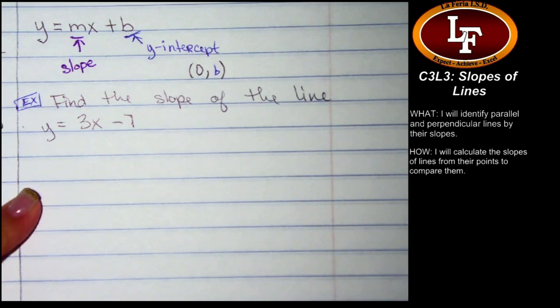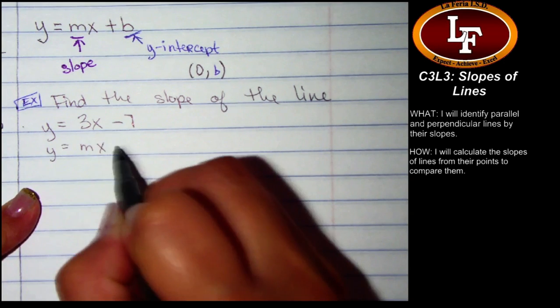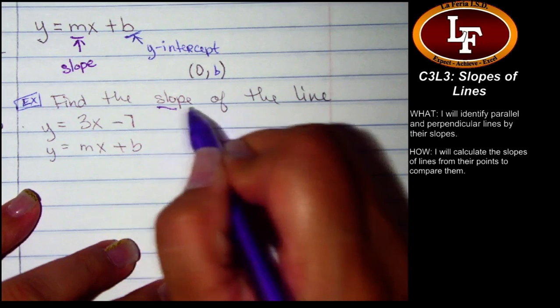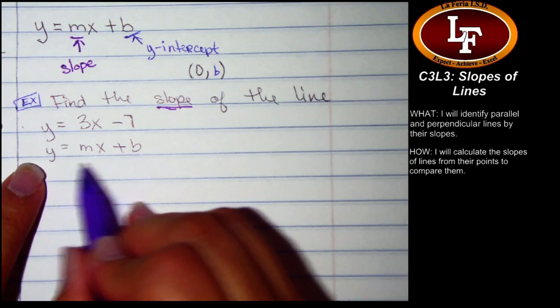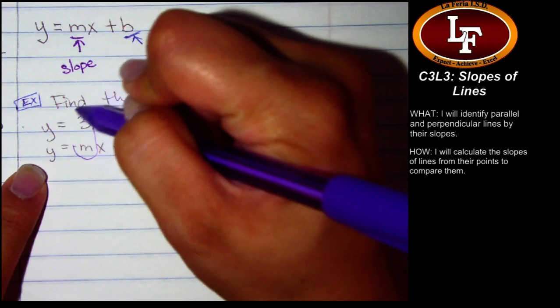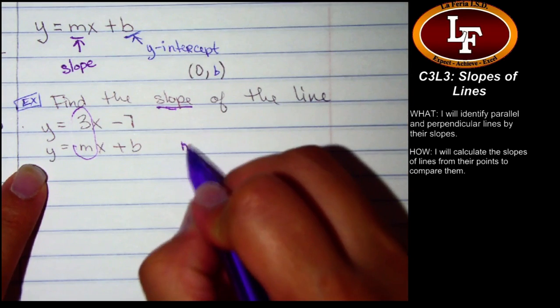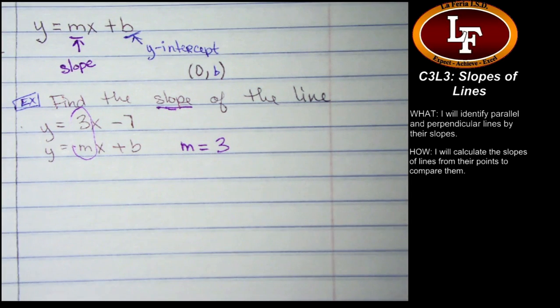Looking at our cookie cutter, I'm going to write it down right below. Our cookie cutter says, since we want to find the slope, this is in slope-intercept form because it exactly matches our cookie cutter template. And so this is the value of the slope. That's it. It's just that easy. So far, so good?